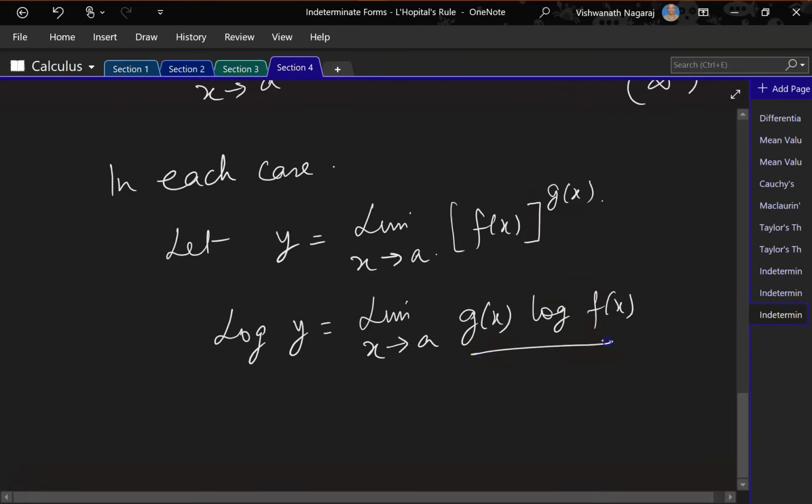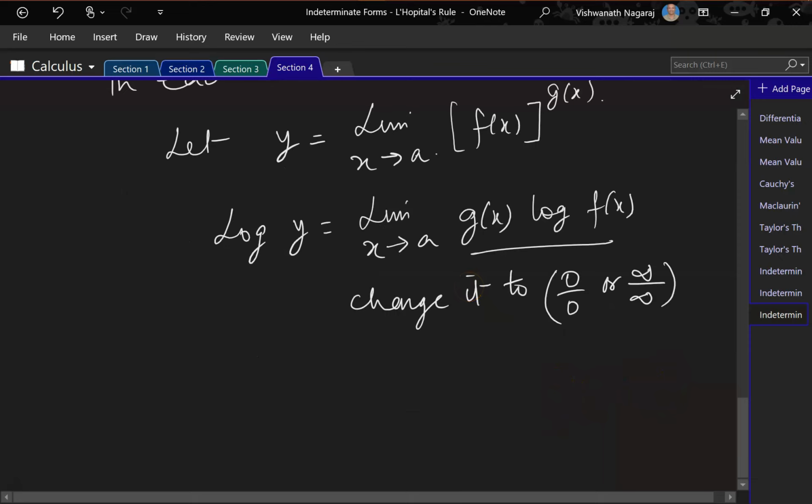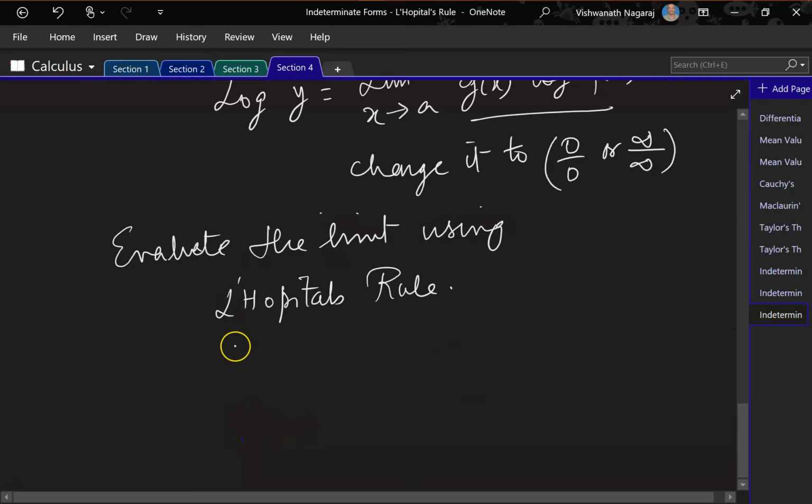Now this, change it to 0 by 0 or infinity by infinity form and start applying L'Hopital's rule. Evaluate the limit using L'Hopital's rule that we know already.